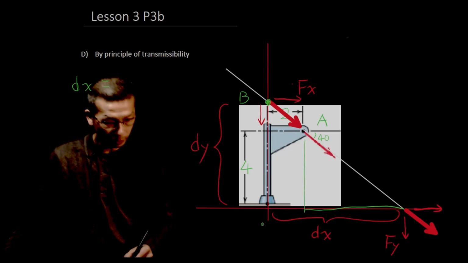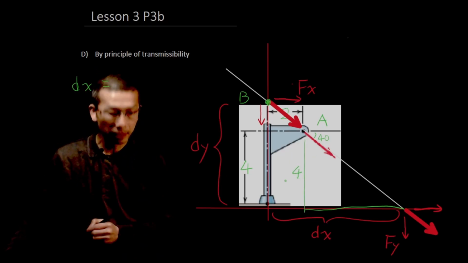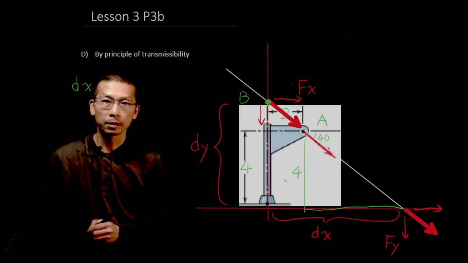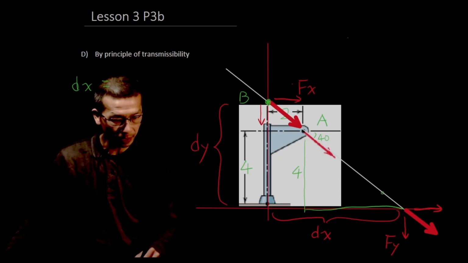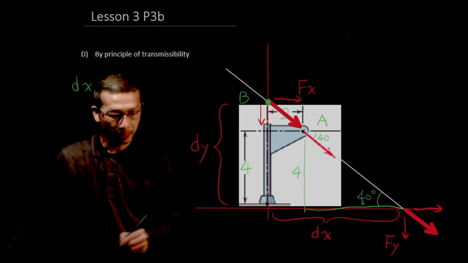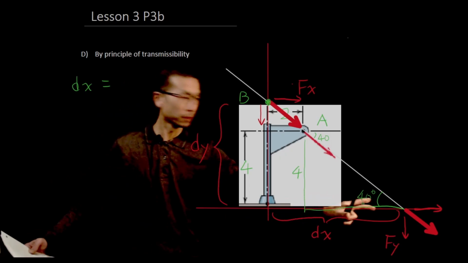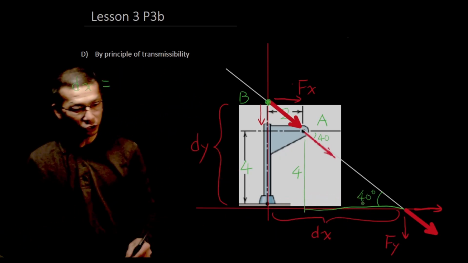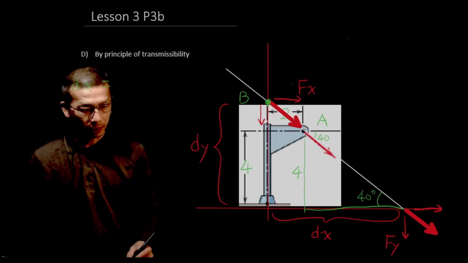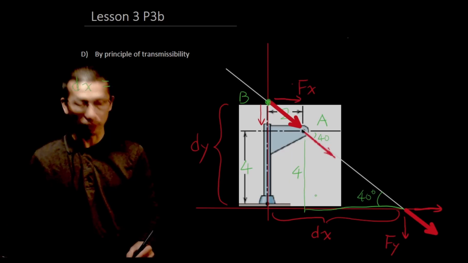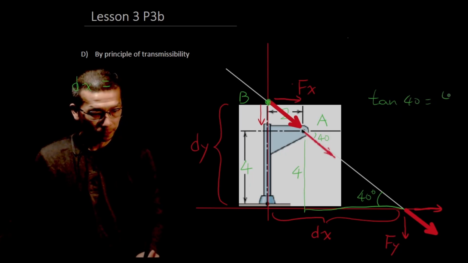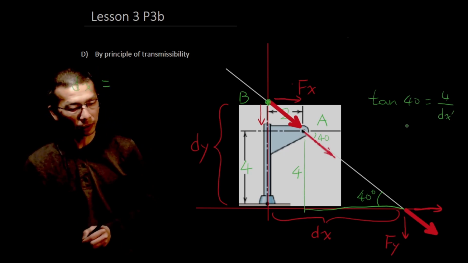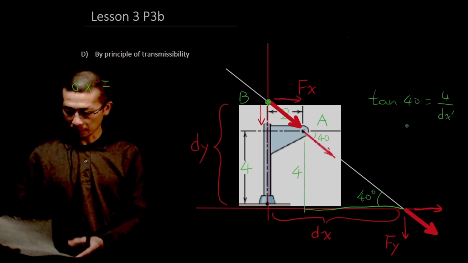Well, we know the vertical distance, this is 4. If this is 40 degrees, that means here is also 40 degrees. So to find this distance here would be tangent, opposite. So I want tangent 40 is equal to 4 over dx prime. So we want 4 divided by, is that right?